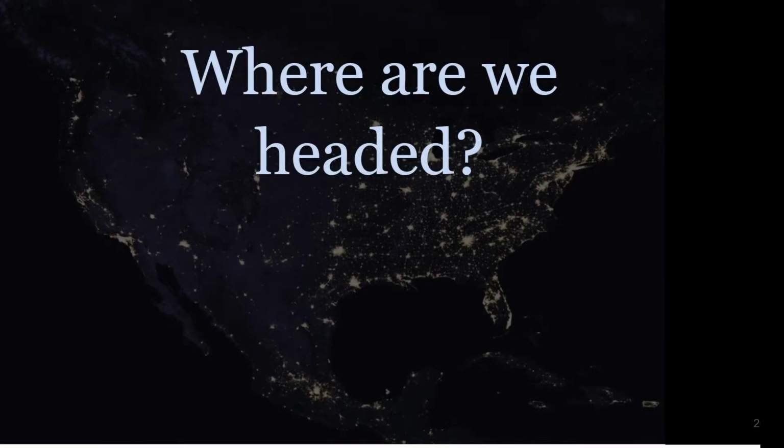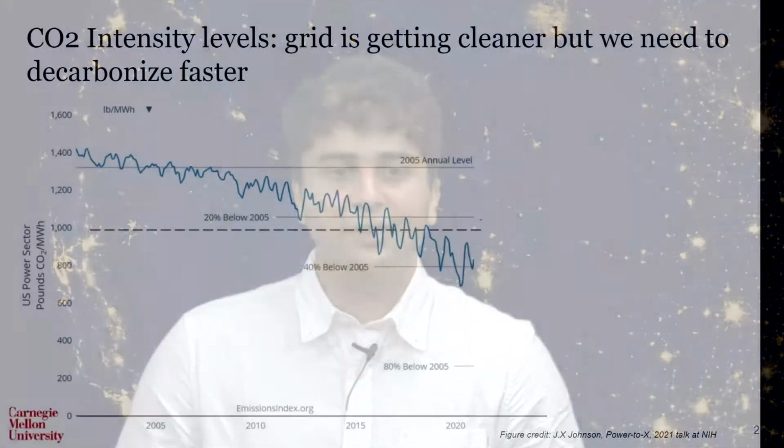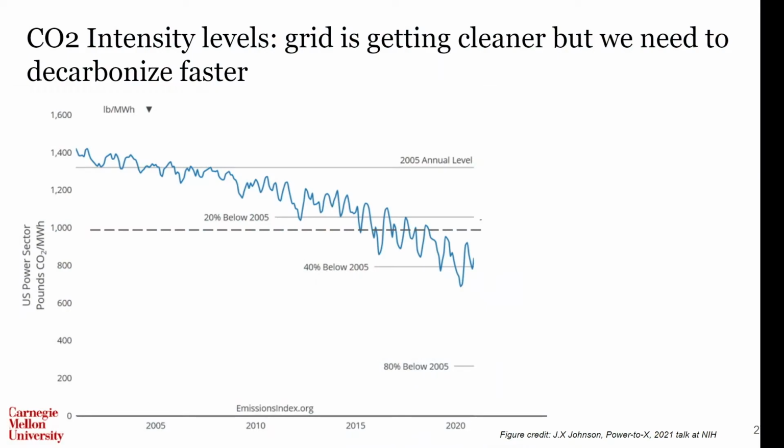So now that Lucas and I have described grid operation, let's look at where we're headed. This question really starts off with the carbon intensity of the grid, which is driving how electricity operation is changing. If you look at this graph from Carnegie Mellon University, on the y-axis we have the US power sector carbon intensity, in pounds of carbon dioxide per megawatt hour generated.